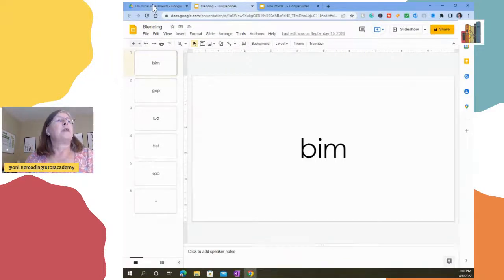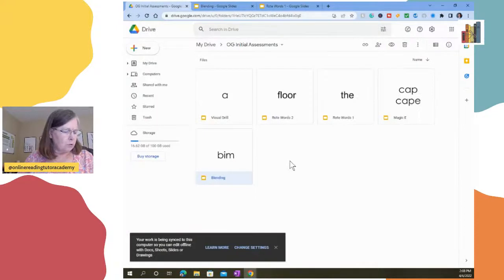After the blending drill, I ask them, do you know or recognize the silent E or the magic E? Which one have you heard about at school? If they say, well, silent E is a letter that you can't hear, some of the answers are what they've learned at school and they're trying to remember.